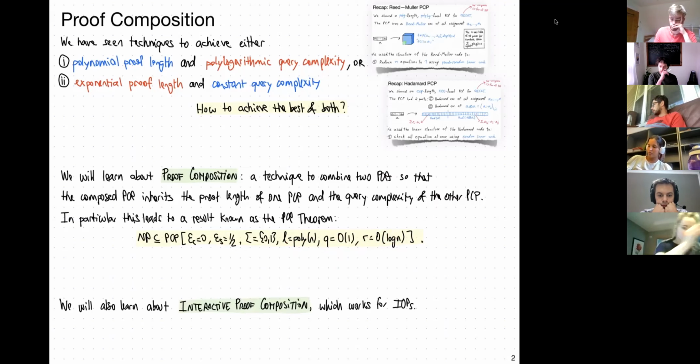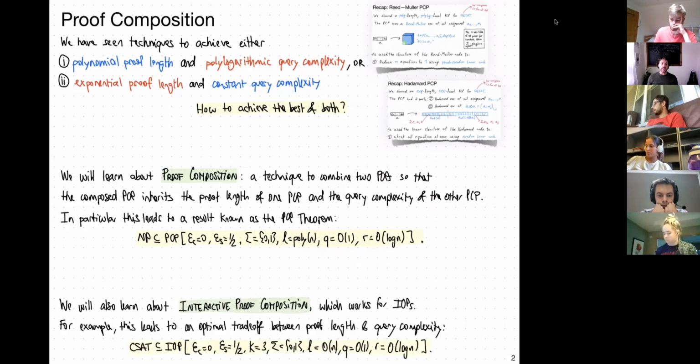And again, it's a way of doing it, and we'll see that in the interactive setting, this can be done much more efficiently than in the PCP setting. And it leads to some really optimal trade-off between proof length and query complexity that one can get using composition, as you will see in the other course.